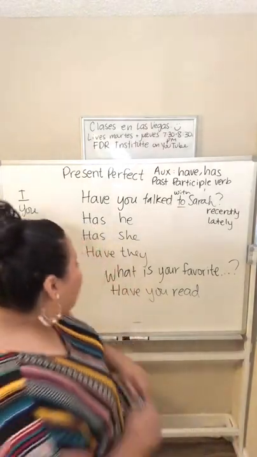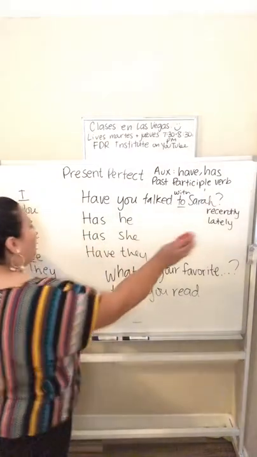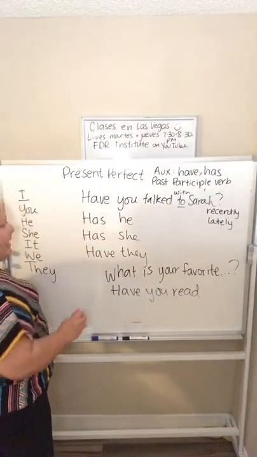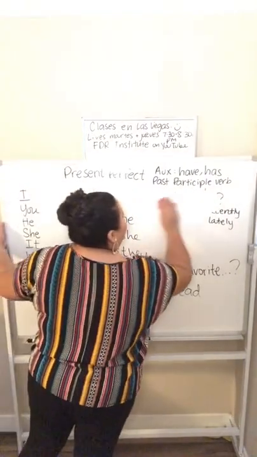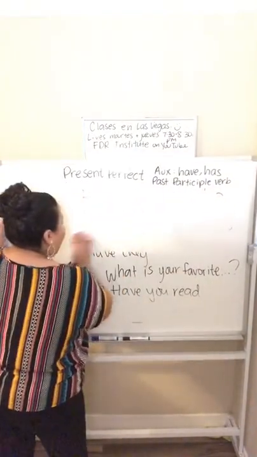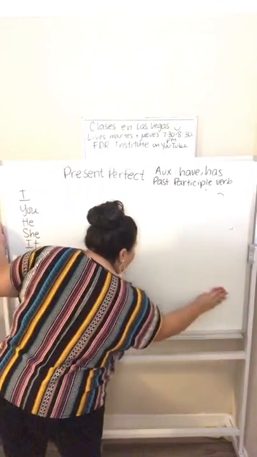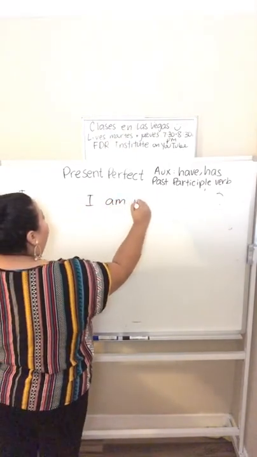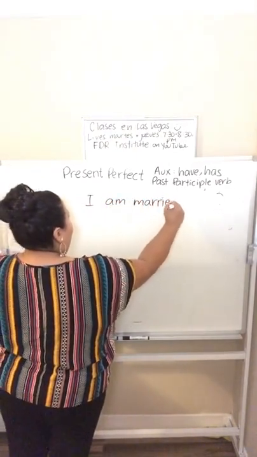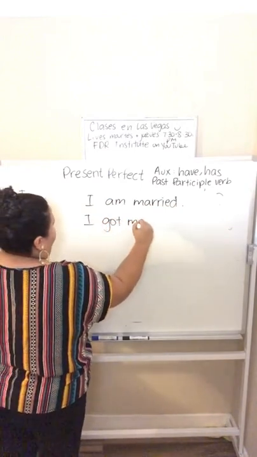Okay, so let's say, voy a borrar esto, guys. Es bien importante entender cómo se usa eso. Voy a borrar aquí. 1, 2, 3. Okay, estoy casada, I am married. Pero me casé, I got married in 2015. Esto es presente, estoy o soy casada.